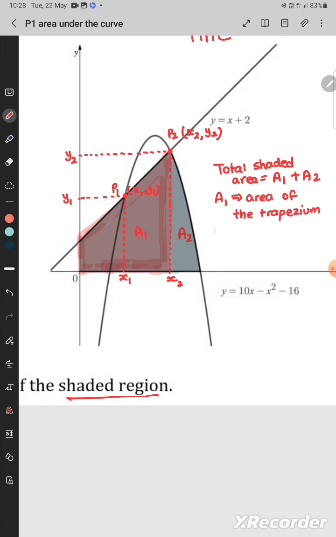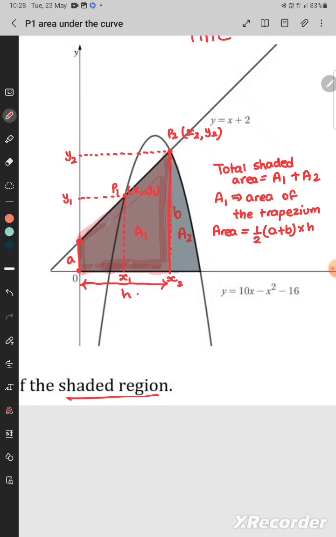So what's the formula for the area of a trapezium? The area of a trapezium is half (A plus B) into H. Basically from here to here is the value of A, and from here to here is the value of B, right? And H will be from here to here.